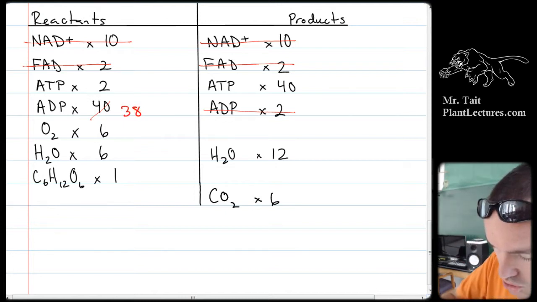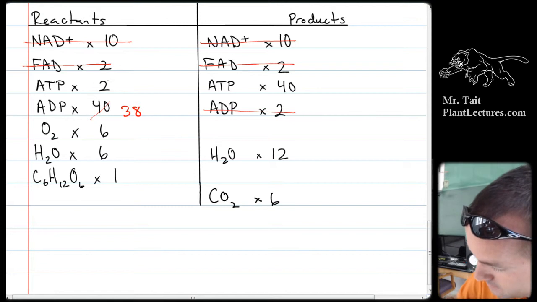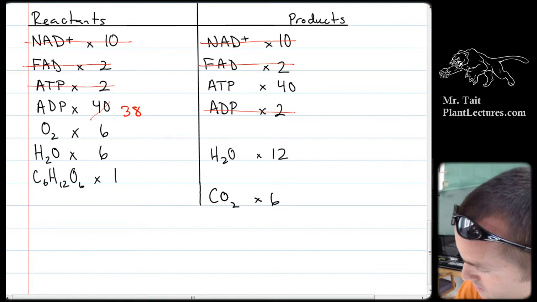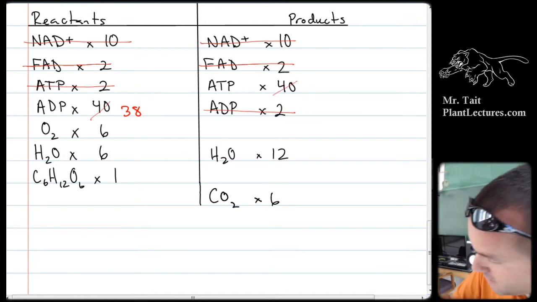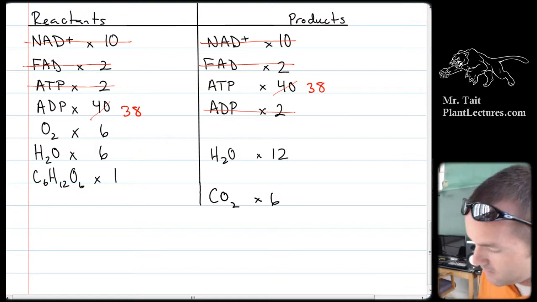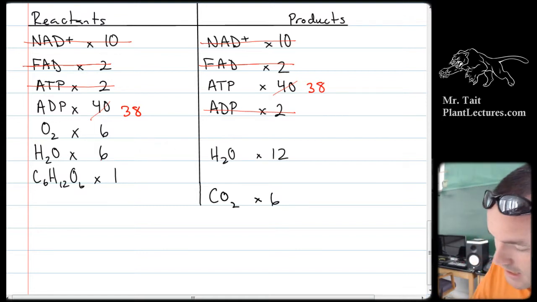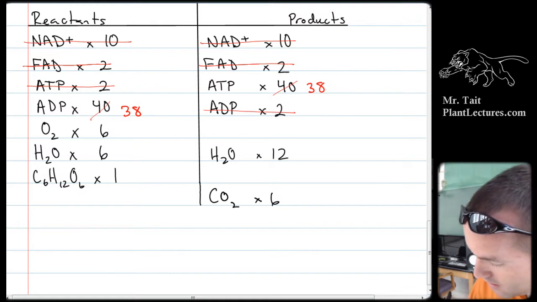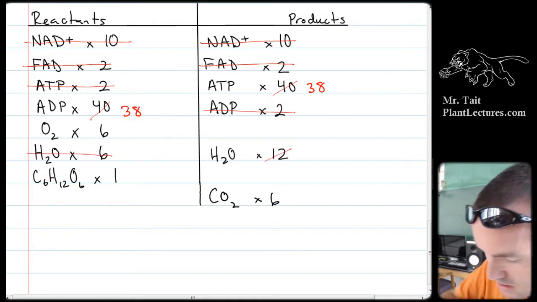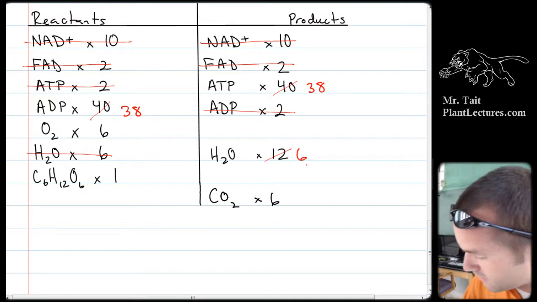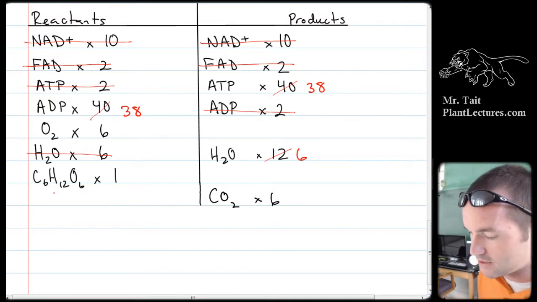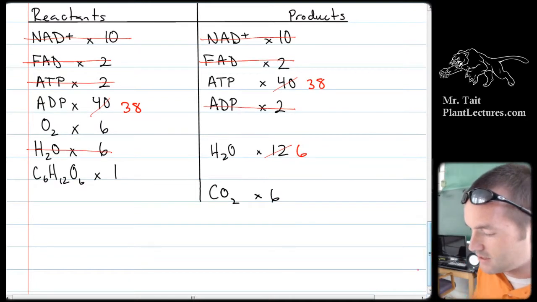We can cancel out 2 of the ATPs to make 38 ATPs. O2 doesn't cancel. We can cancel out 6 of the H2Os to make 6 H2Os over here. We can't cancel out the C6H12O6. We can't cancel out the CO2s.